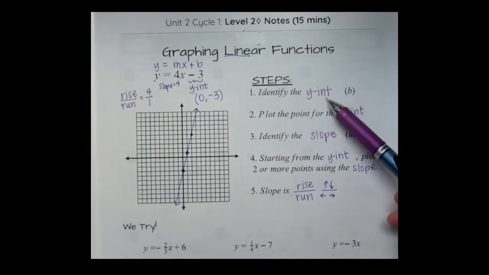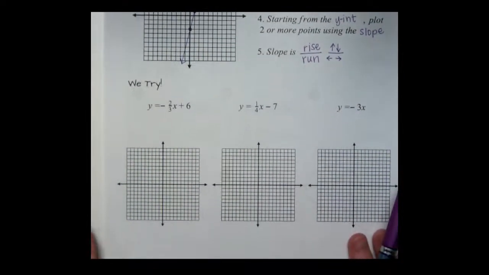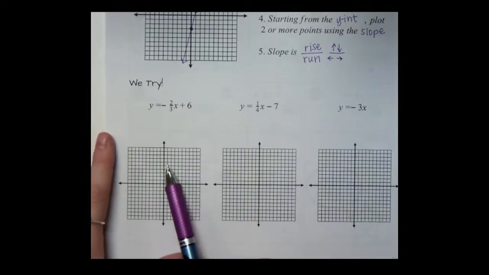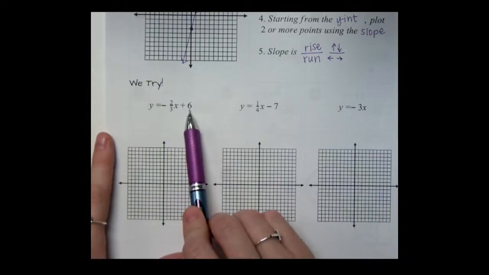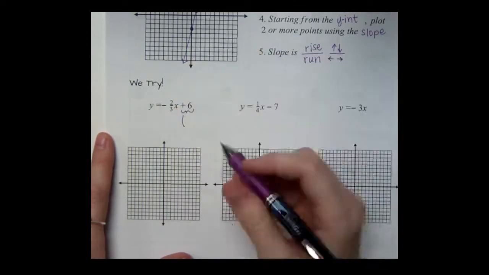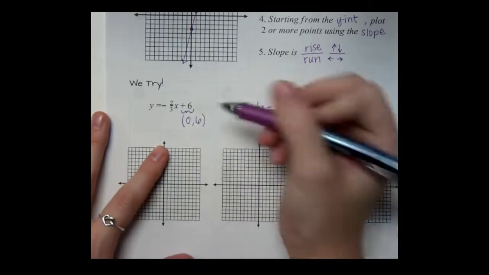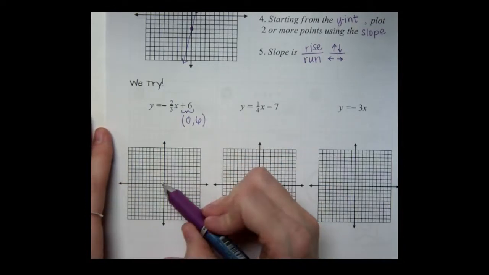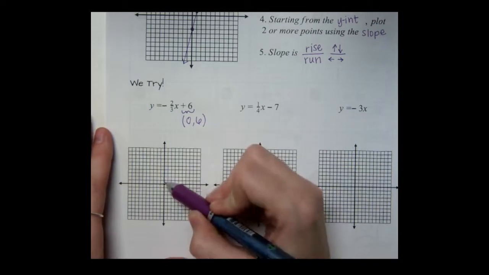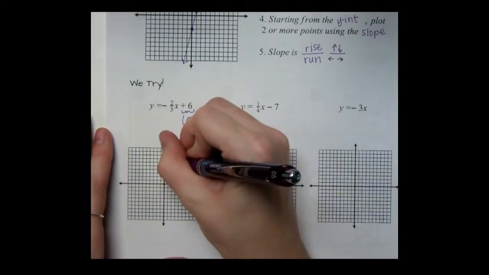So remember, first thing we're going to do is identify the y-intercept. It's the b value. So for this one right here, our b value is this end piece. So we know our y-intercept is (0, 6). So I start at (0, 0). I don't move left or right, but I go up 1, 2, 3, 4, 5, 6.